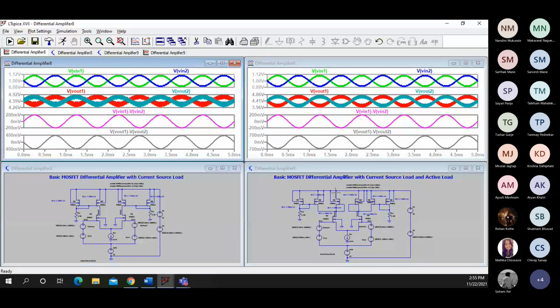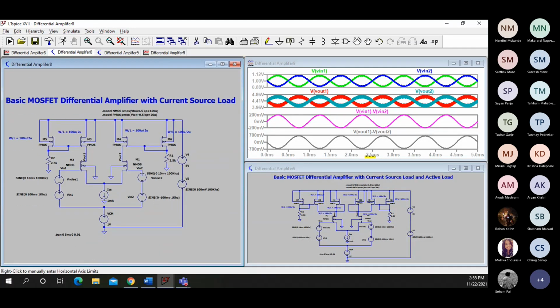Now I am plotting both the circuits together just for your reference, but I think more than the waveform, the circuit is going to be more important.